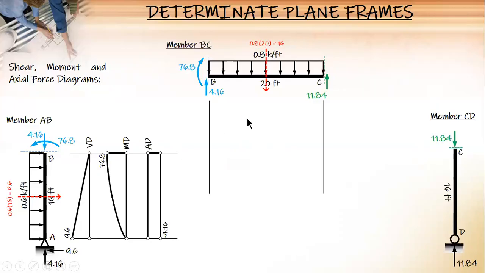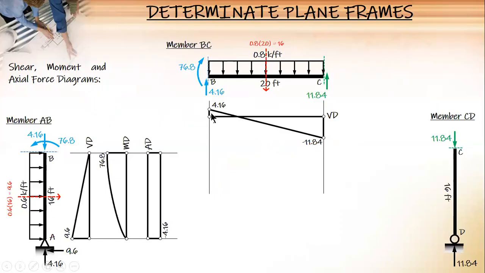So for BC, okay, shear diagram, we have upward 4.16, and then a straight line, no? 16 again, 0.8 times 20, 16, so 4.16 minus 16, I have negative 11.84, and then we have this reaction, zero.